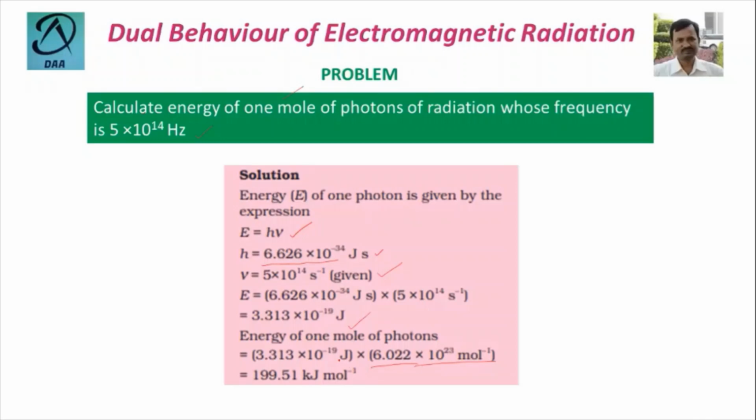So if we multiply the E for 1 photon with the Avogadro number, then the final result you can see here: the energy of 1 mole of photons is 199.51 kilojoule per mole.